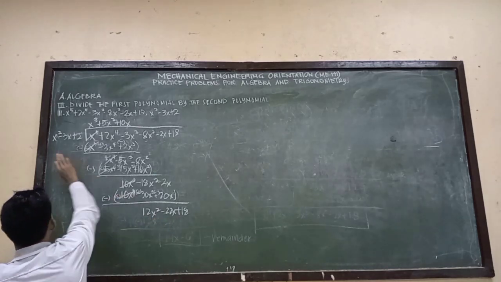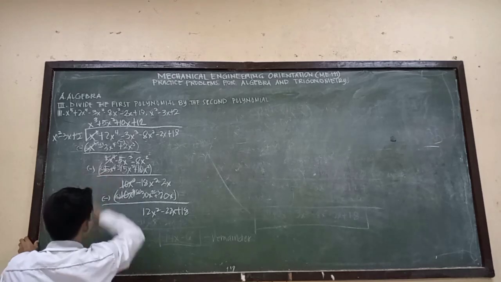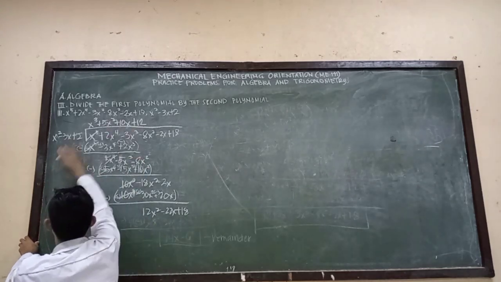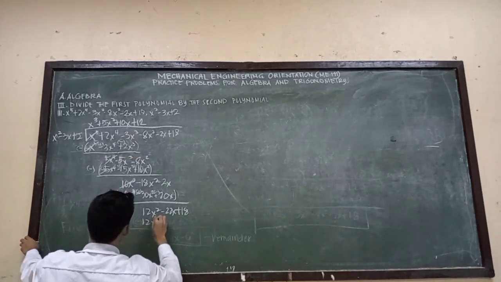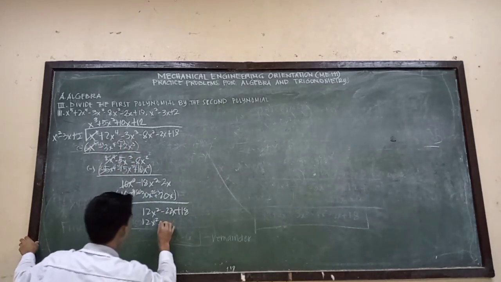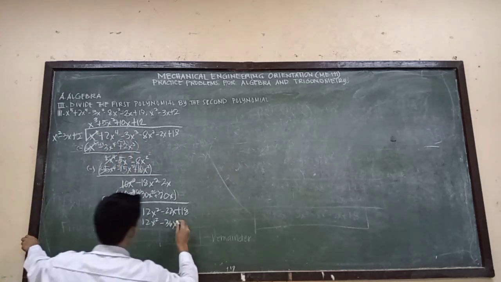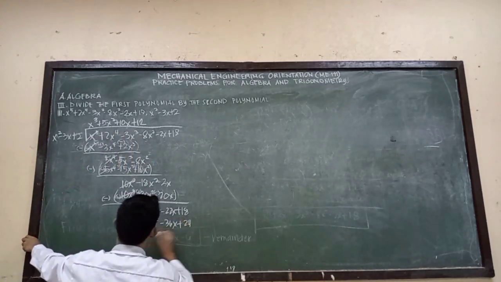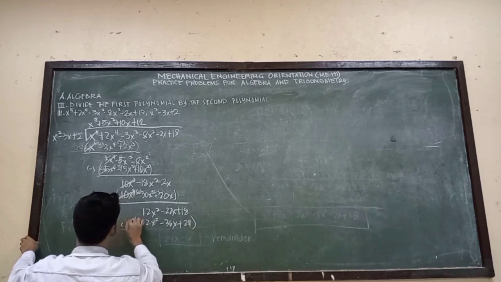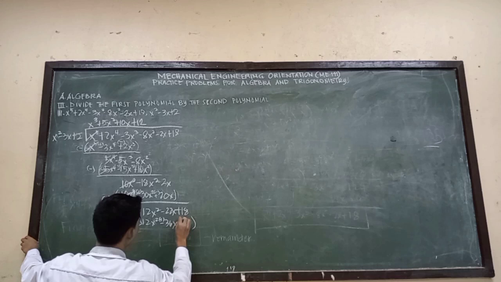12x squared divided by x squared will give us 12, and then 12 times x squared will give us 12x squared. 12 times negative 3x will give us negative 36x, and then 12 times 2 will give us 24. Positive and then negative.